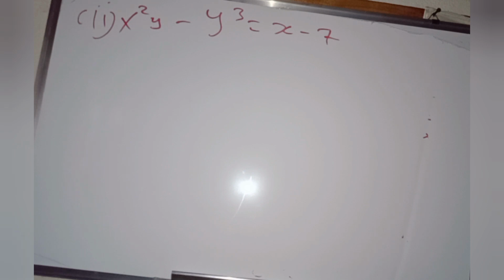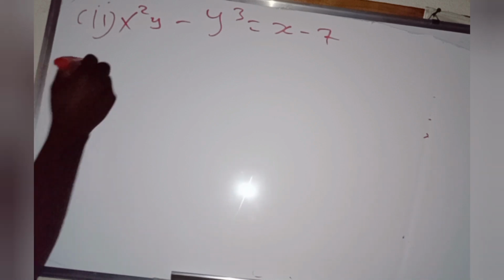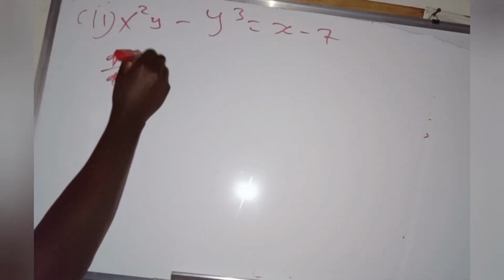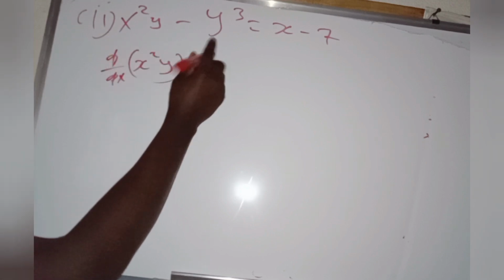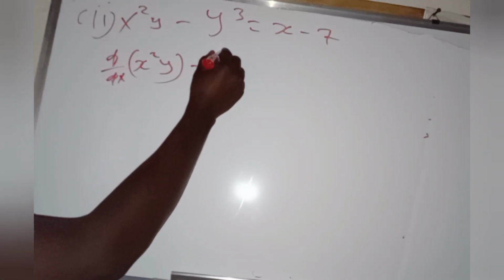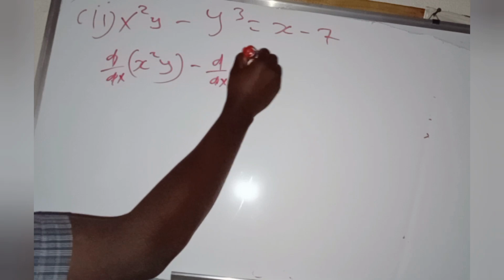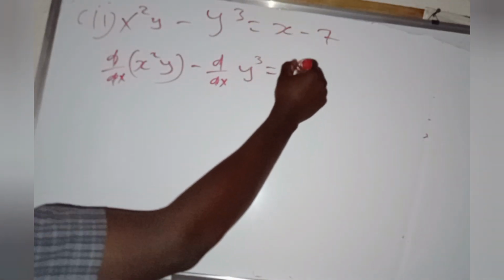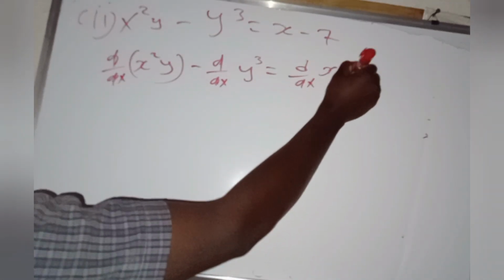Example 2, find the derivative of x squared y minus y cubed is equal to x minus 7. This is an implicit equation. So we take the derivative on both sides: the derivative of x squared y minus the derivative of y cubed on both sides, x minus 7.